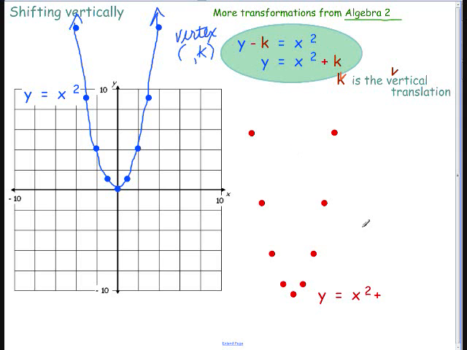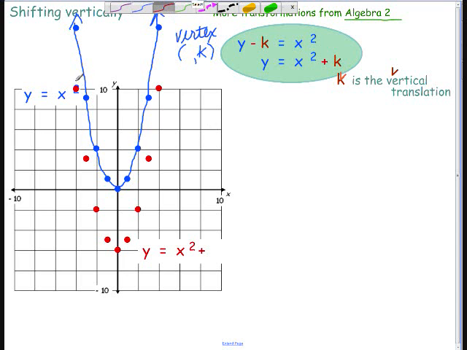Let's try, I don't know, what would you like to try? Y equals x squared. Let's try moving that. Suppose we decided to put it here. I'm going to try drawing that parabola as well. Oh, yikes, so bad. What is my k in this case?